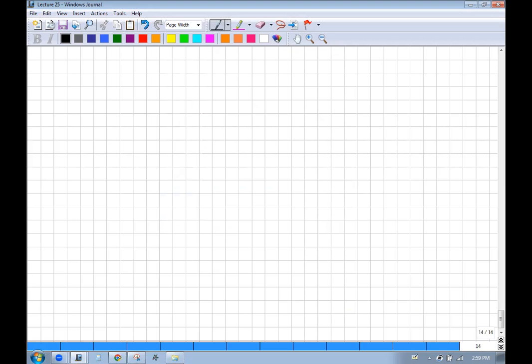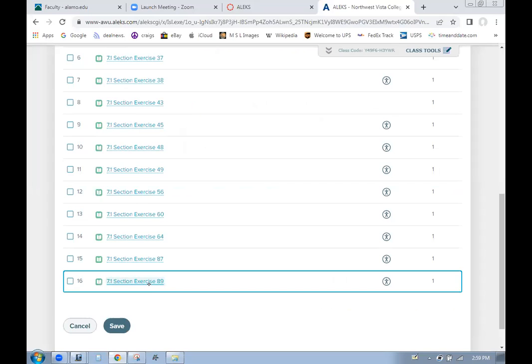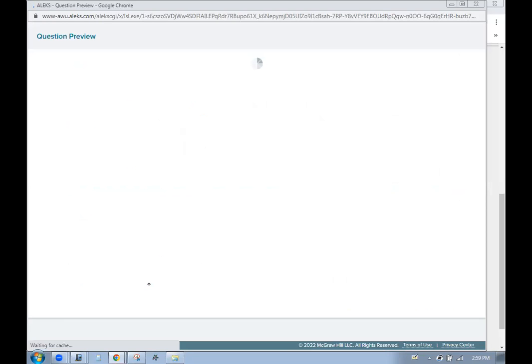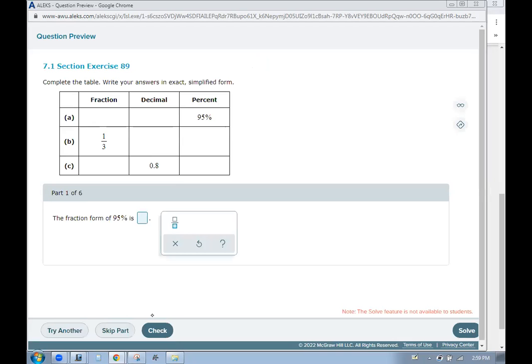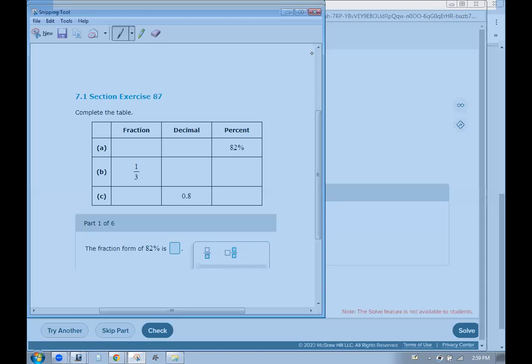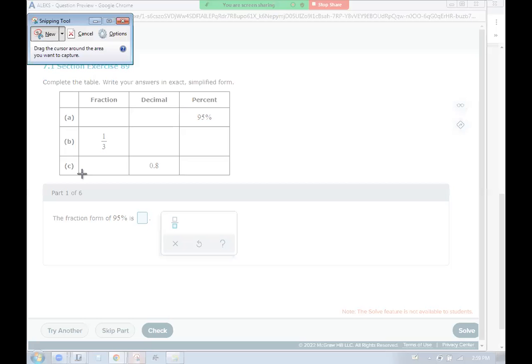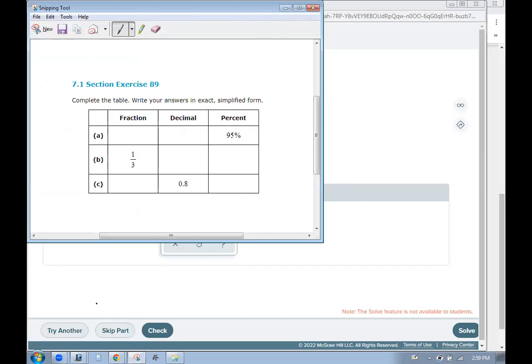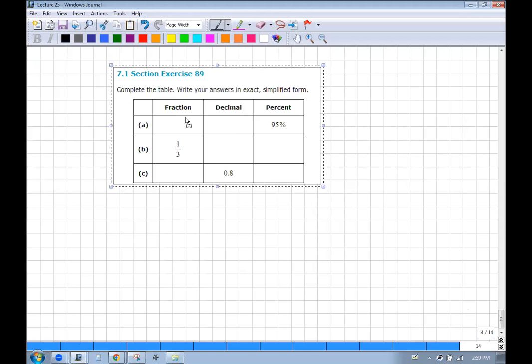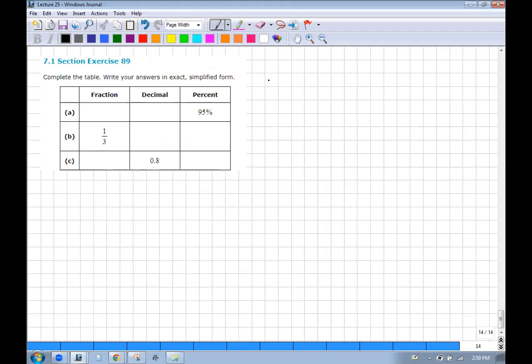Look at, go ahead and do the last problem too. I'm sure it's another table here. Okay, let's see here. Let's fill in this table. Happy little table here. 95%.